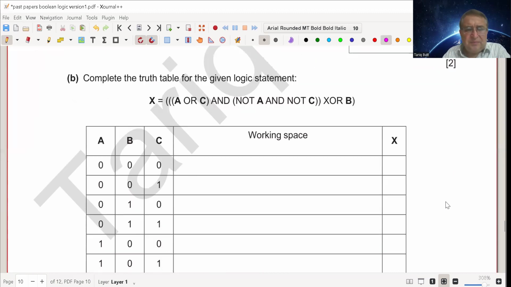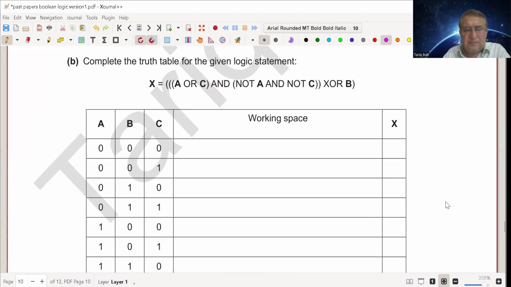The next question is that you have to draw the truth table for this logic statement.